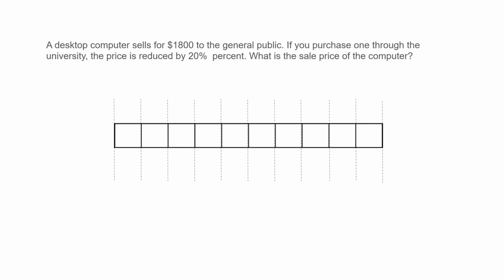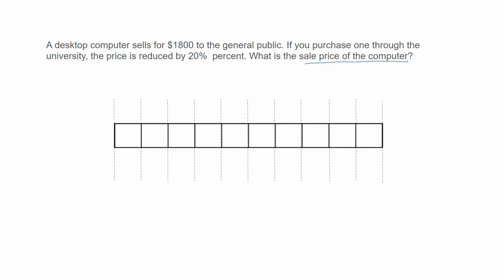Now let's look at a word problem. And we're going to use the model here to do this instead of just setting it up. Okay, so with algebra, the desktop computer sells for $1,800 to the general public. If you purchase one through the university, the price is reduced by 20%. What is the sale price?